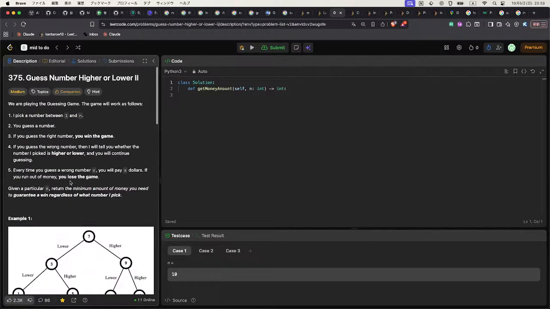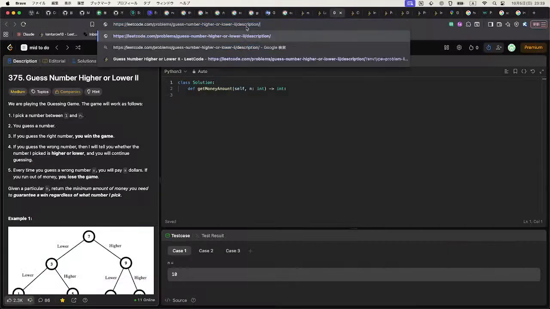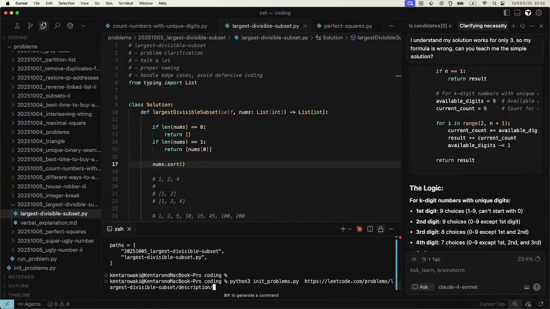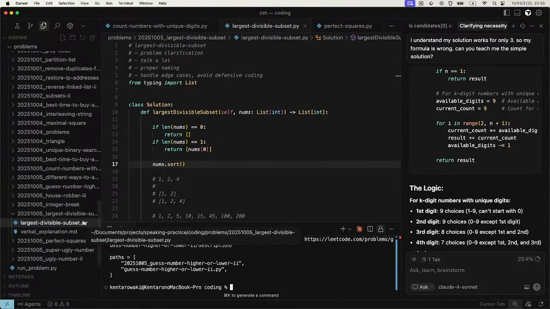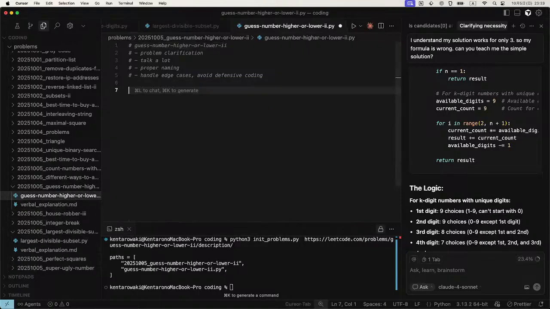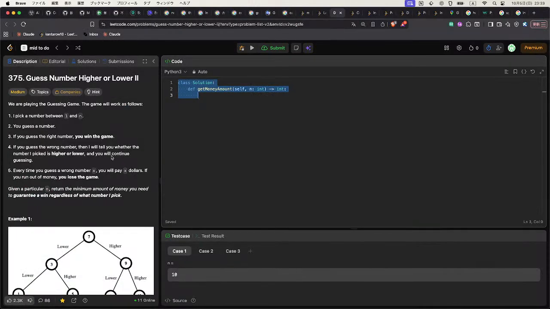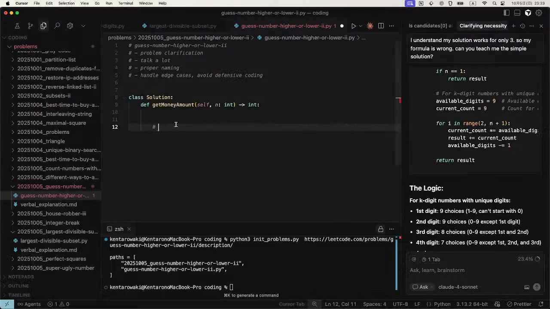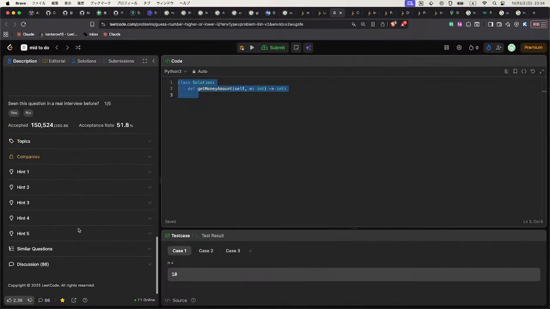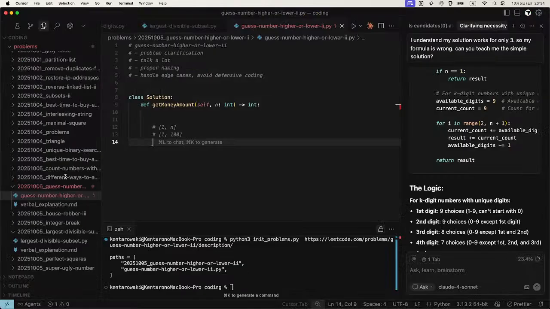Guess Number Higher or Lower. So in this case, n is 200 at most.